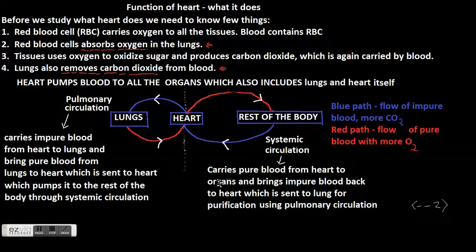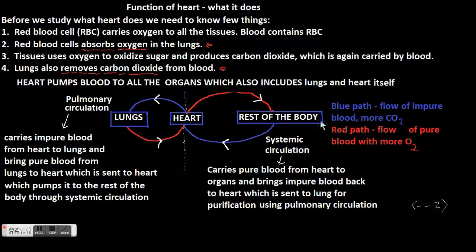And in systemic circulation, it carries pure blood from heart to organs and brings impure blood, that means rich in carbon dioxide and depleted of oxygen, back to heart, and which is again sent to lung for purification using pulmonary circulation. So right side is systemic circulation, left side is pulmonary circulation, and these two circulations complement each other. They hold hand in hand. One cannot go without the other.